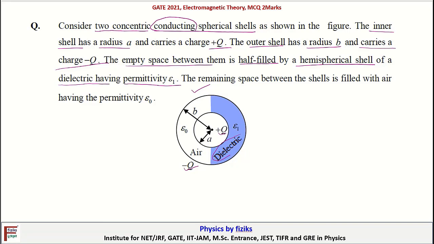The remaining space between the shells is filled with air having permittivity epsilon.